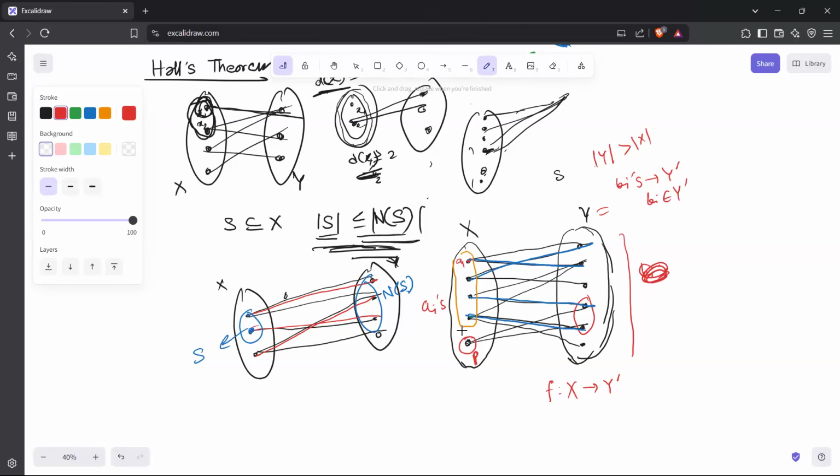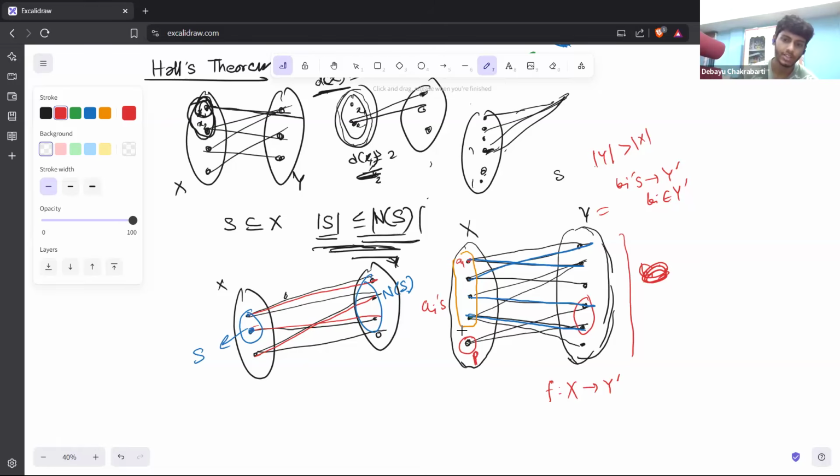So all the neighbors that P has must be in the BIs, because if one is outside BI, then we can find a larger matching with one more vertex matched. So we consider A1, and if A1 has some vertex outside the BIs, we can just shift P and A1, and that would give us a bigger matching.